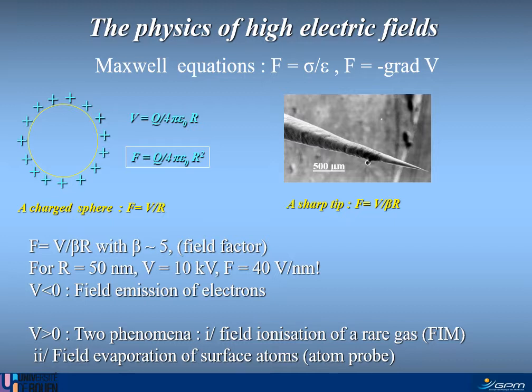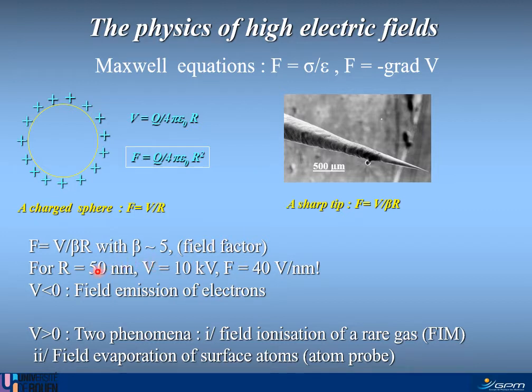So you can write that the field in the first approach is equal to the applied voltage divided by beta R, where beta is the field factor that depends on the shape of the tip and the electrostatic environment inside the instrument.